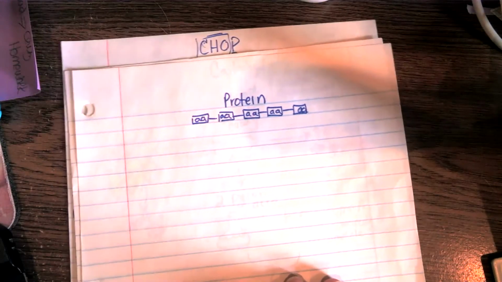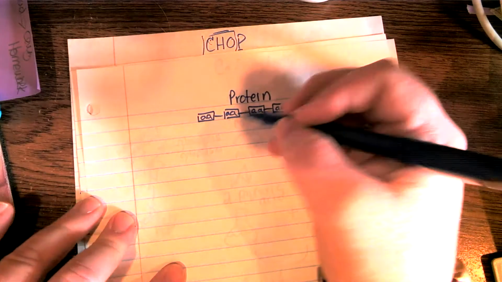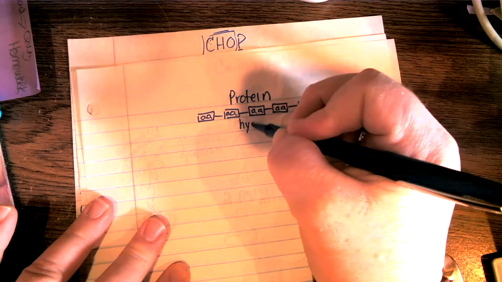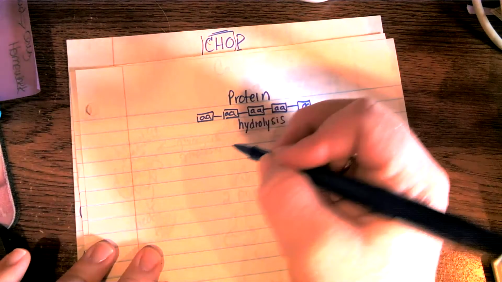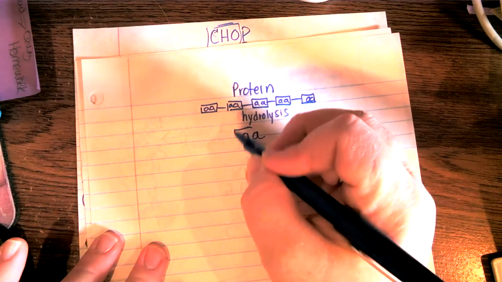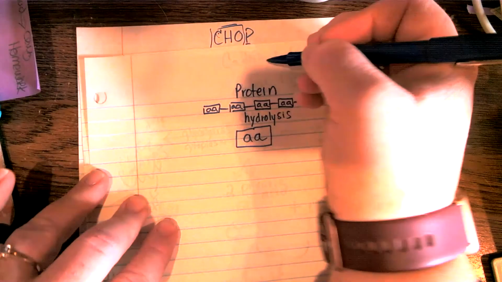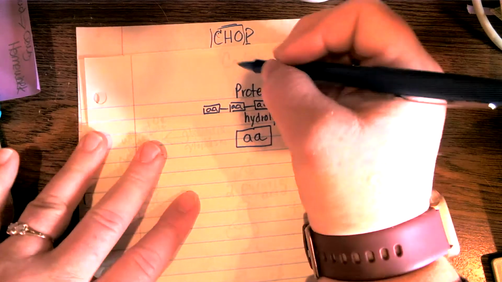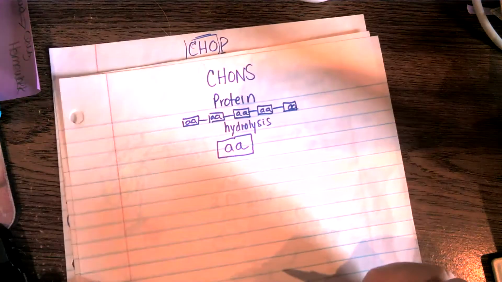All right, so here we go. Last one. Proteins. Broken up by hydrolysis into amino acids, the building blocks. And remember, this is CHO, this is trans.